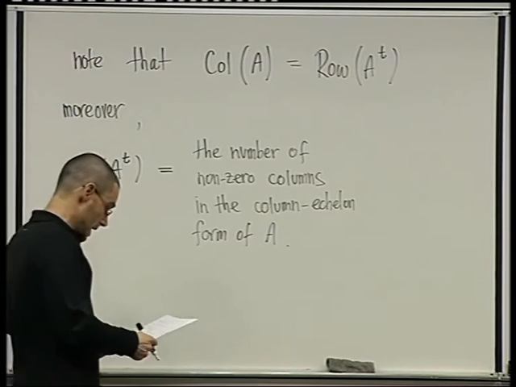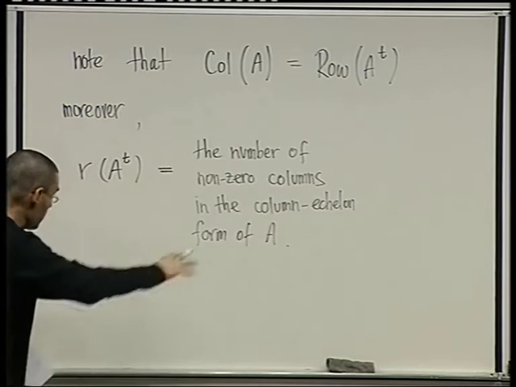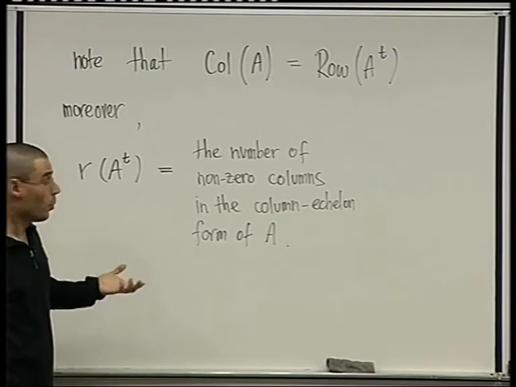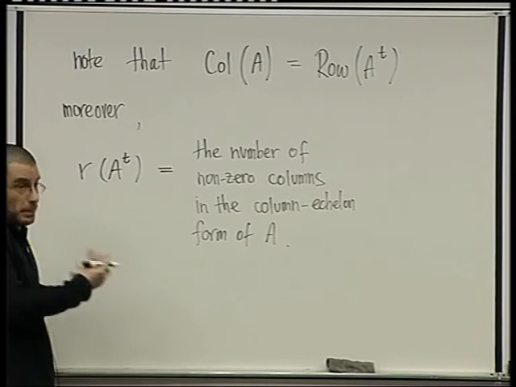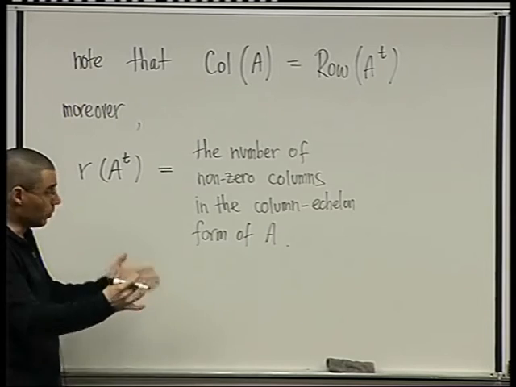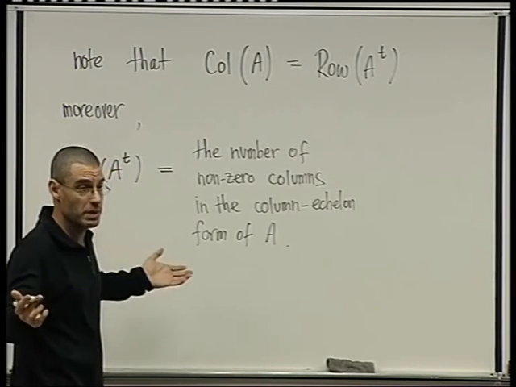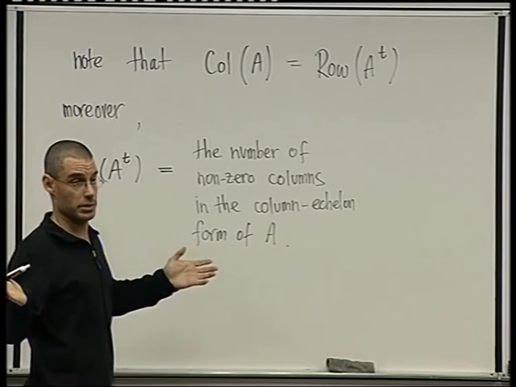Okay. So if this is clear, this means that there are in fact two numbers involved. One is the rank of A itself, which is a statement about rows. And the rows of a matrix could be very different than the columns of a matrix. You could have a matrix which is 3 by 18,000.